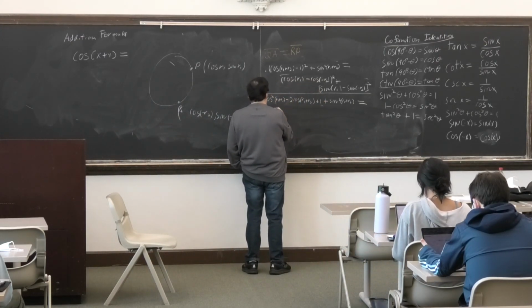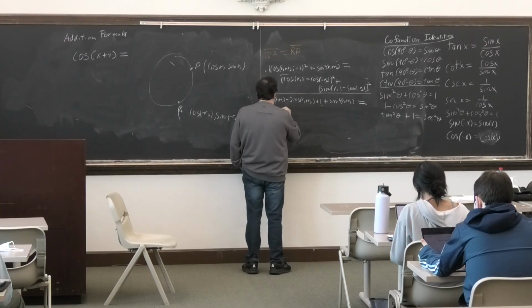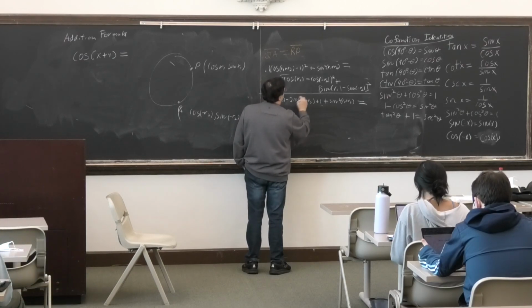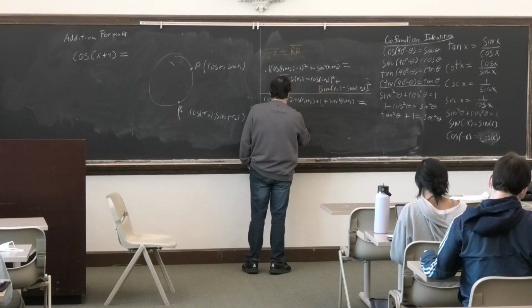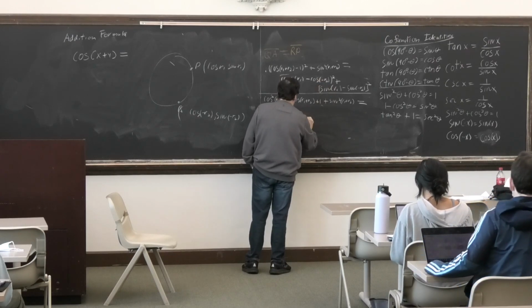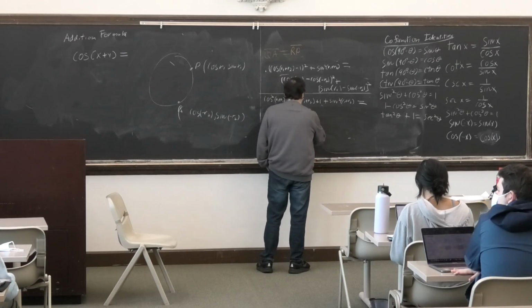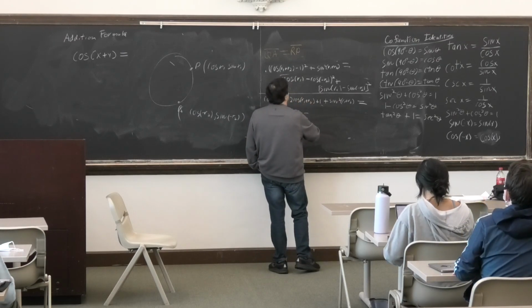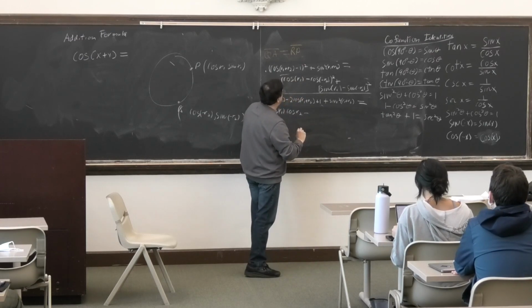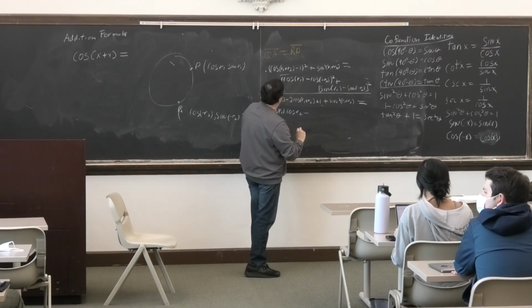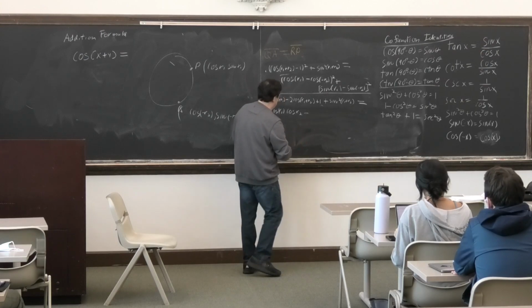So, cosine R1, cosine negative R2 would be just cosine R2, minus, I'm just having a terrible time with FOIL here.